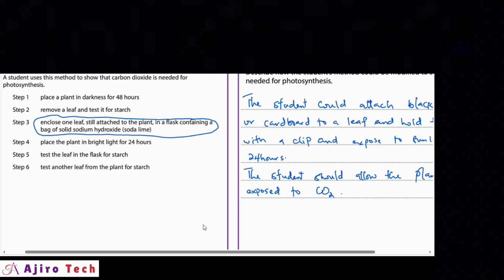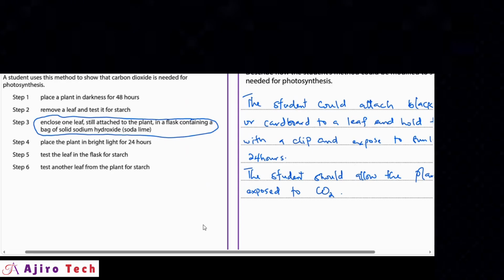So instead of attaching paper onto one leaf, just carry the entire potted plants. You can name them A and B. Carry potted plant A, put it in the dark cupboard. Potted plant B, put it in the light. Do that for 24 hours. After 24 hours, bring out the potted plant that you kept in the dark and test it for the presence of starch.